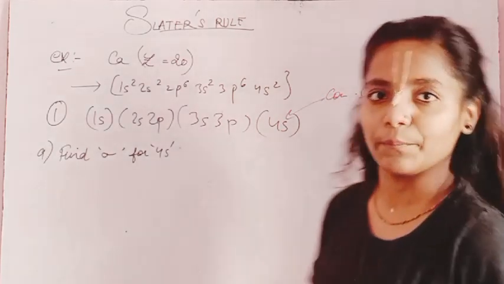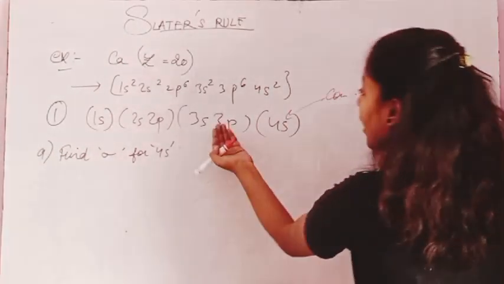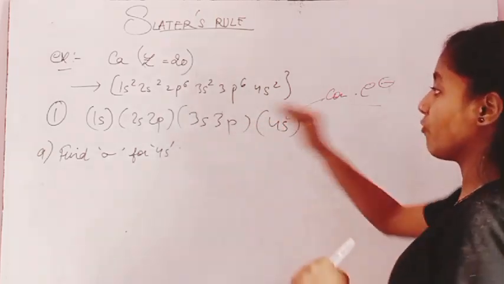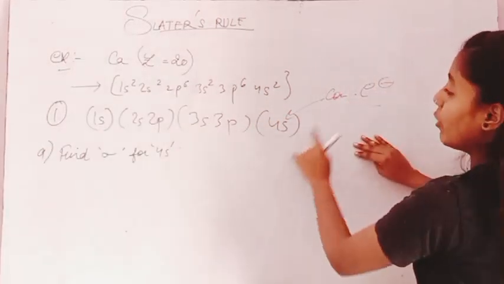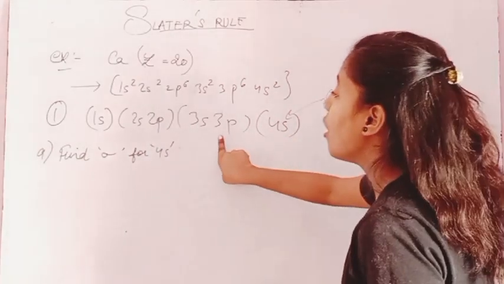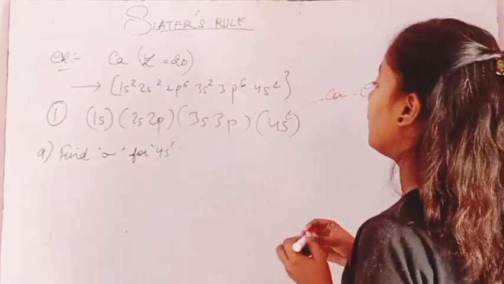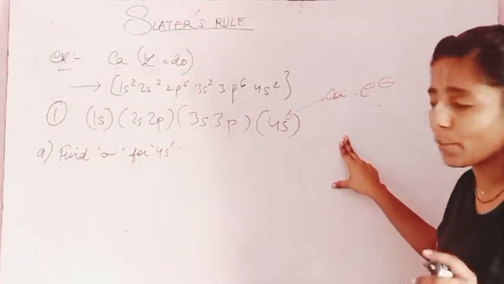Here there is no such case. If I ask for 3p, it has 4s on the right side of the concerned electron, which has no contribution, so we will not use this 4s if asked for the sigma of 3p. Now for 4s, this is your concerned electron, everyone.